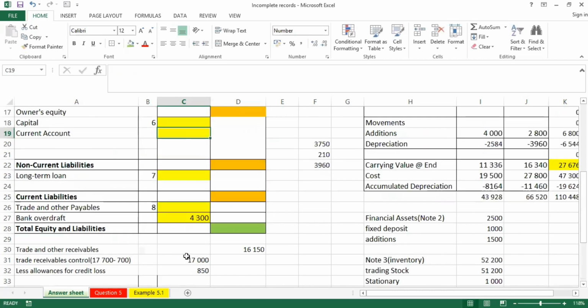So our trade and other payables is 26,517. Okay. And then we move on.